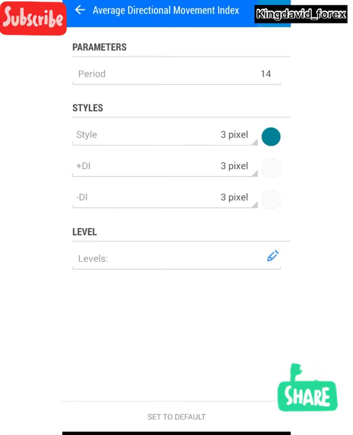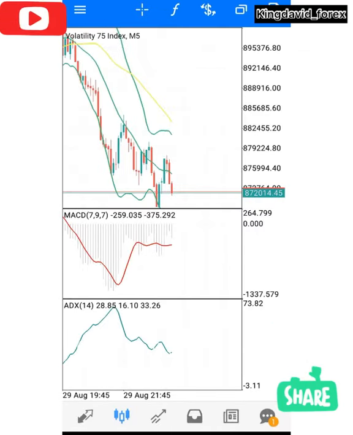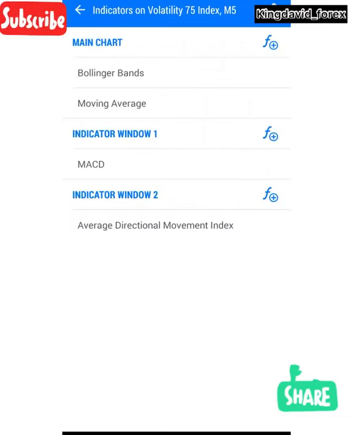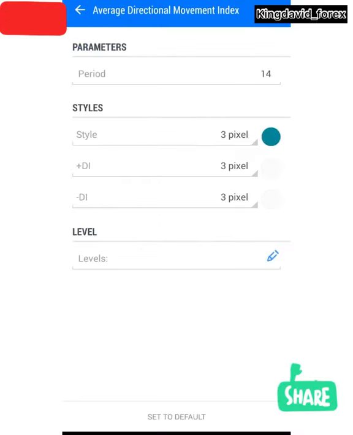Like if you check here now, those two lines have been eradicated. But I don't know what's wrong, I picked that same option on my iPhone. I don't know if you have an option to do that on your iPhone. What we're trying to say is that we don't need this plus DI and this minus DI.